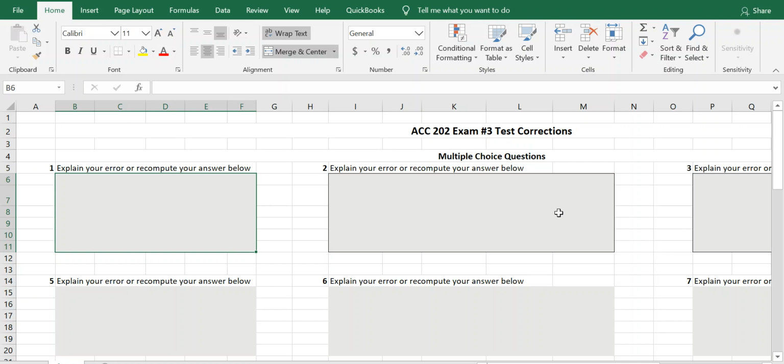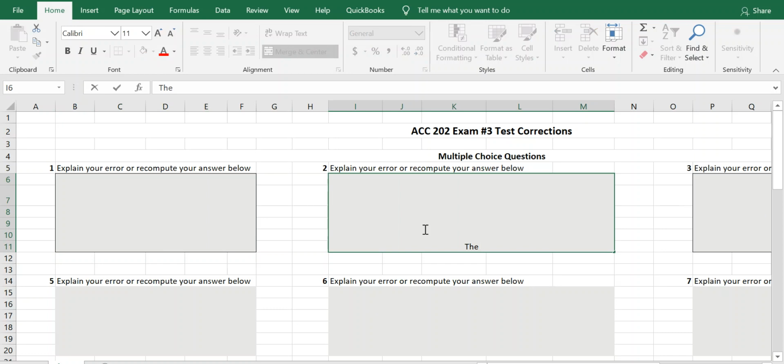So these are just boxes for you to type in. When you type into it, you can basically write a paragraph here if you need to, but you can also type in an example of a calculated formula if you want to use that. So that's the test corrections.